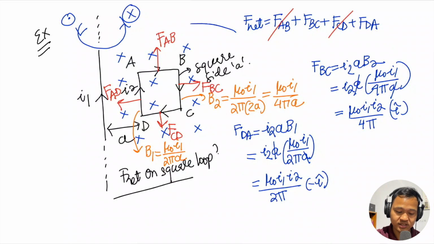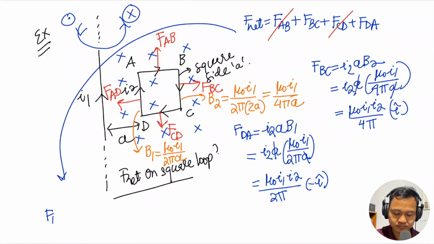Okay, what is the net force? So you add this and this. So mu naught into I1, I2 by 2 pi, here it is minus, plus mu naught into I1, I2 by 4 pi.